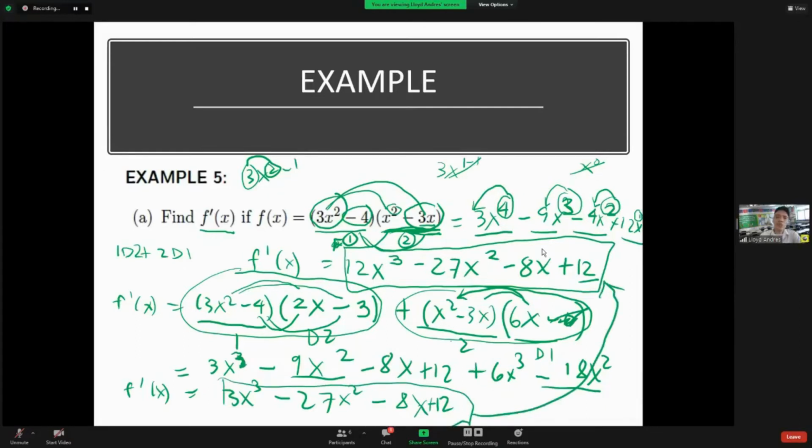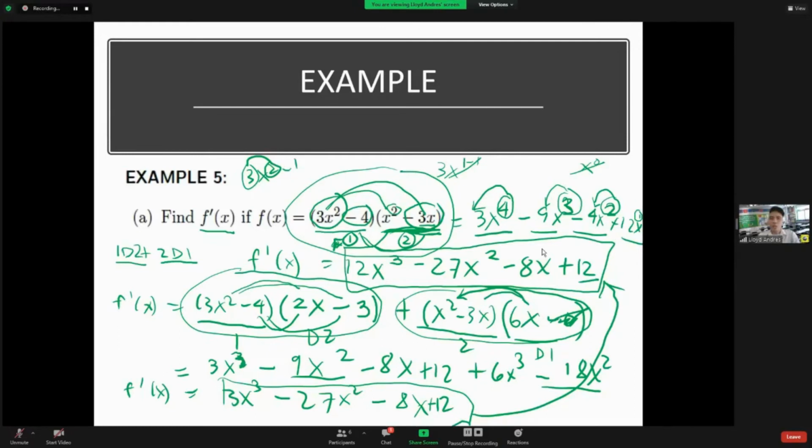So the first process used simplify first, then the sum rule term by term. The second process used the product rule, first times the derivative of the second plus second times the derivative of the first, and then simplified.